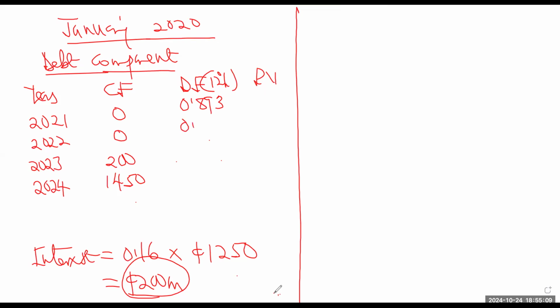0.797. Okay. The third year is what? 0.712. And the fourth year will give us what? 0.636.